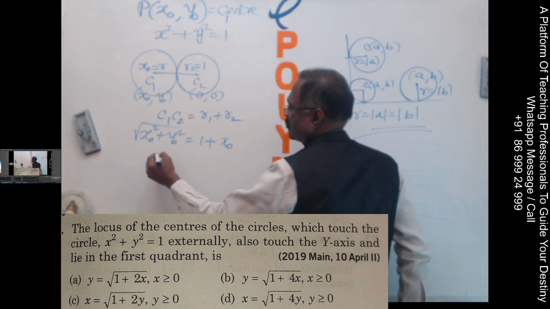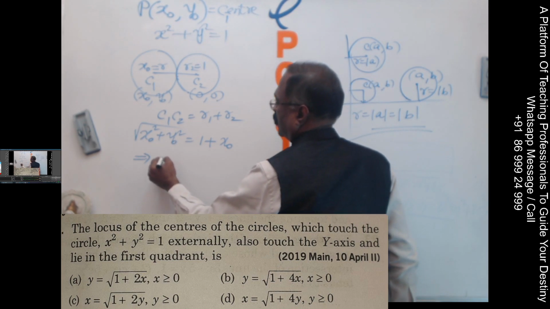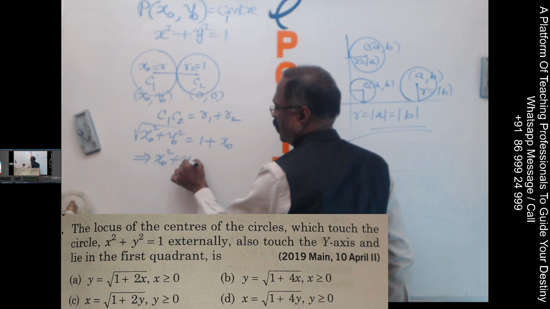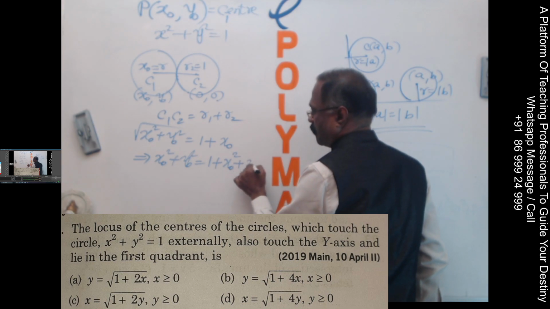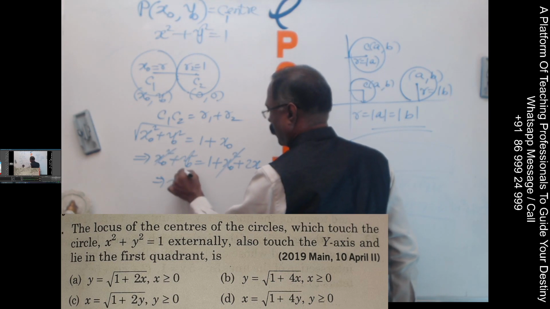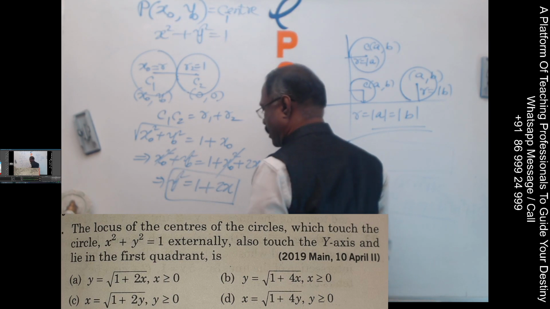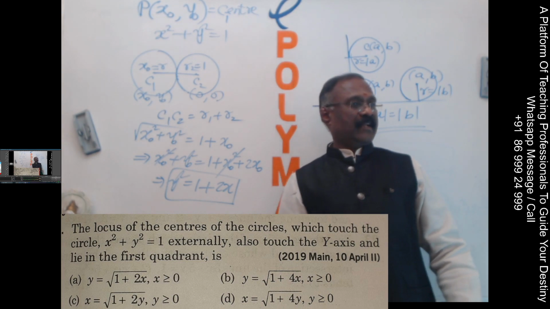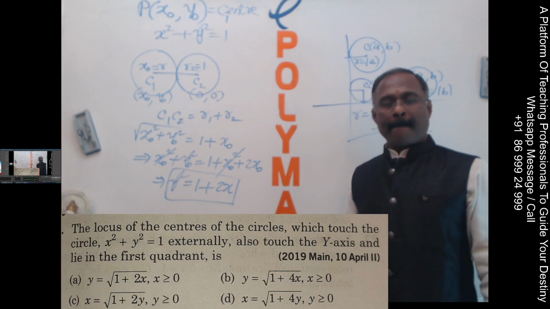So let us simplify this now. x0² + y0² = 1 + x0² + 2x0. So x0² getting cancelled implies y² = 1 + 2x should be the answer. So it is option A.